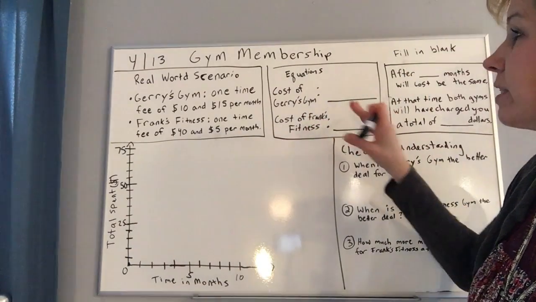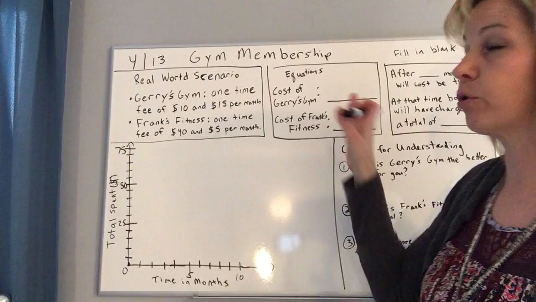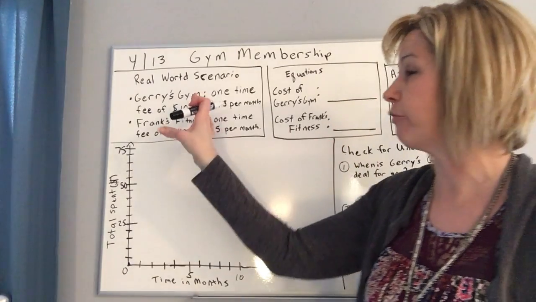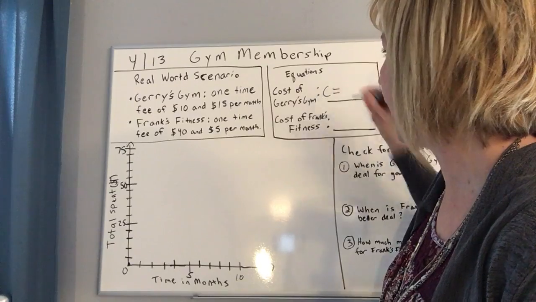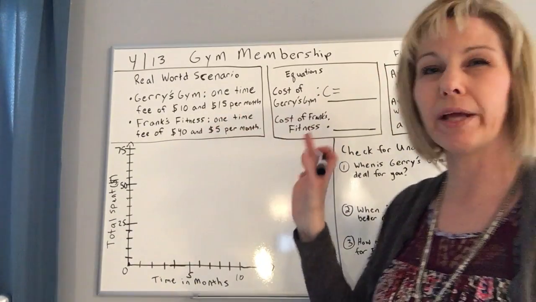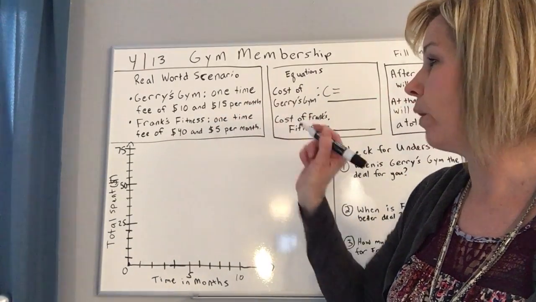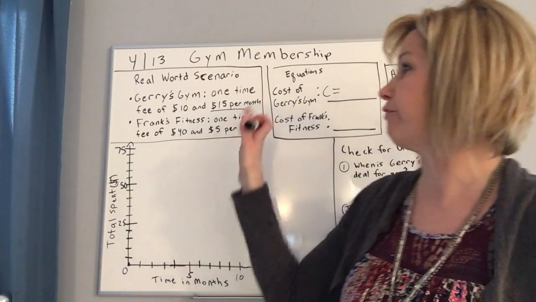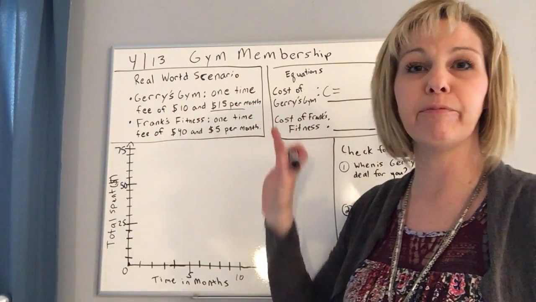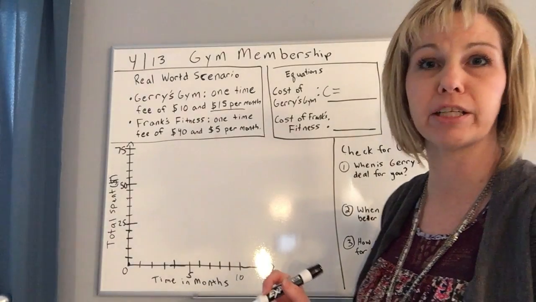I want you to write the equations first from the information given. I'm going to put C for cost. The cost equals, okay, so which one is the rate? Which one has the per? The one that you have to pay every month is the $15. The one-time fee was $10 for registration.